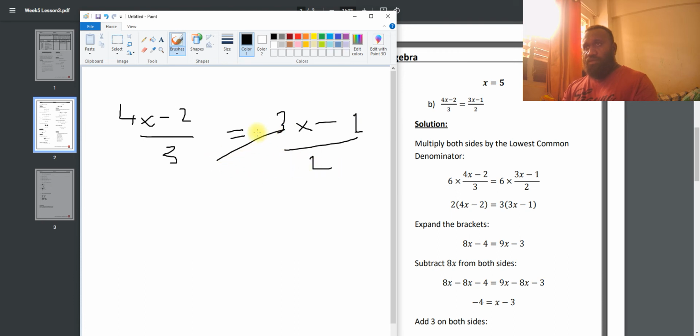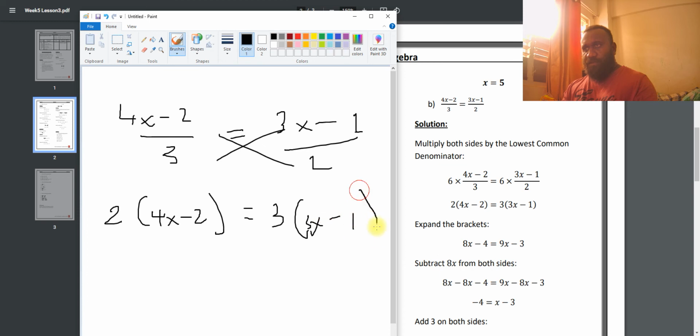So we cross multiply. 2 multiplied by 4x minus 2, that means 2 multiplied by everything. When we rewrite it, it will be 2 in brackets 4x minus 2 equals 3 multiplied by everything here, so it will be 3x minus 1.